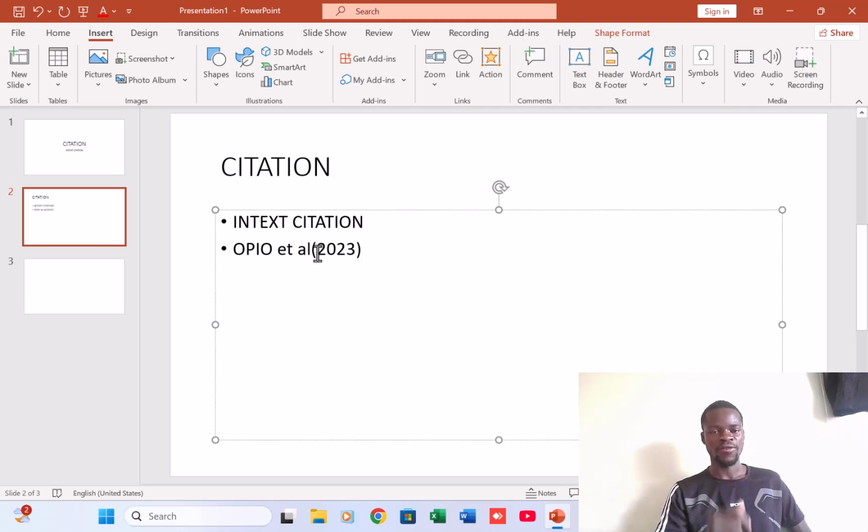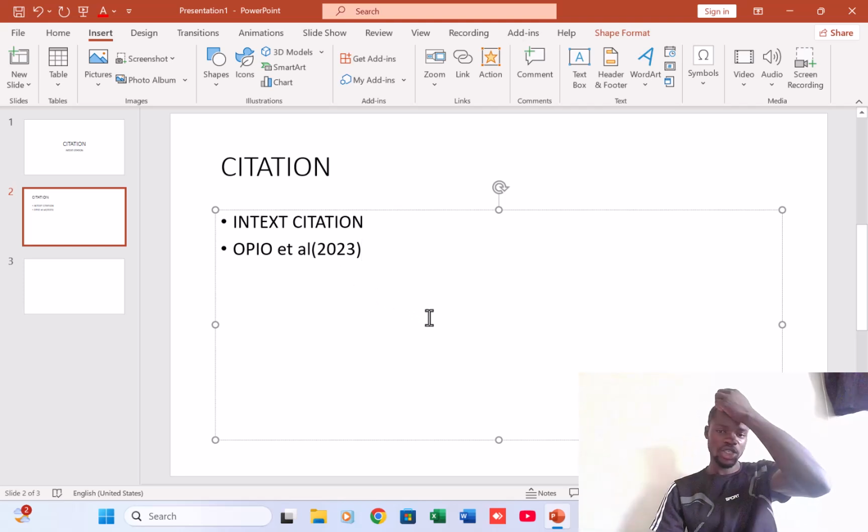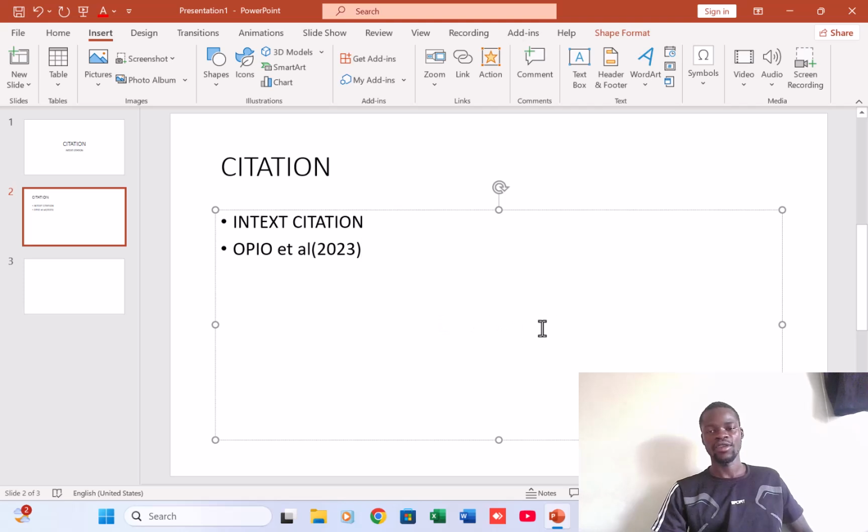That's in narrative form. But when we are citing an organization that has a notified abbreviation, like World Health Organization, for the first citation you mention the full name of the organization, then in brackets put the abbreviation after.